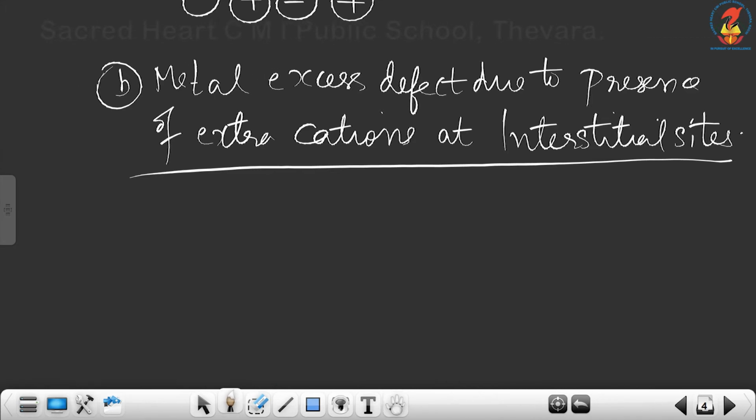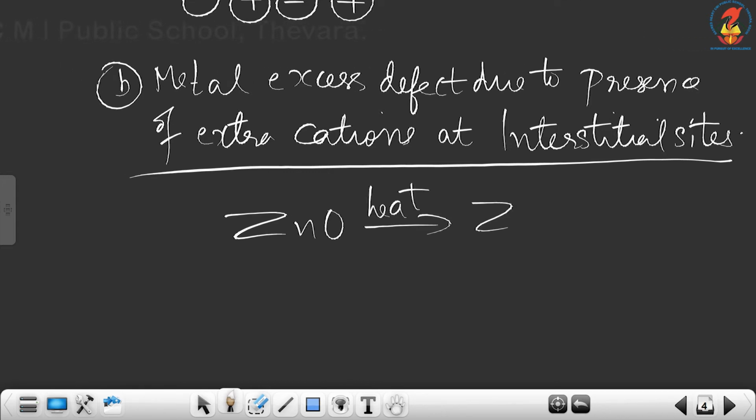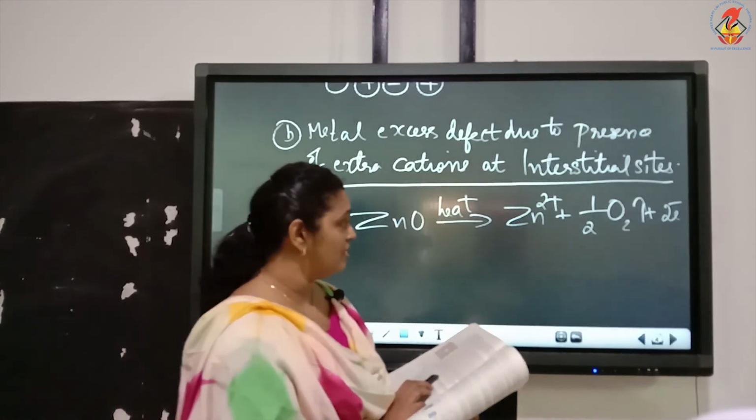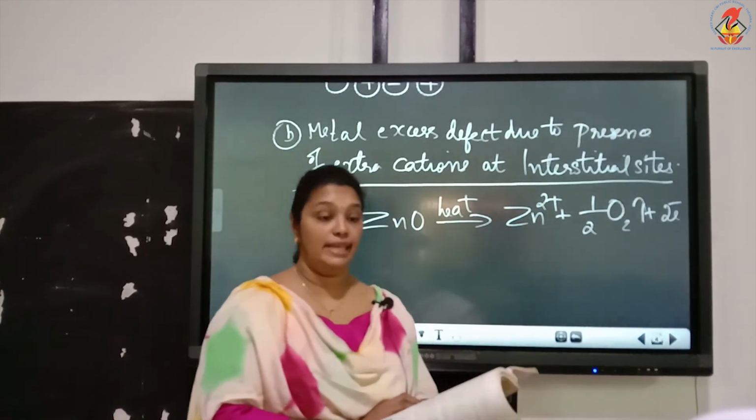What is the reaction taking place? This is the equation. On heating zinc oxide, you get Zn2+ plus half O2, oxygen gas, plus 2 electrons. Okay, so now zinc oxide on heating, it loses 2 electrons and it loses oxygen and it turns yellow.